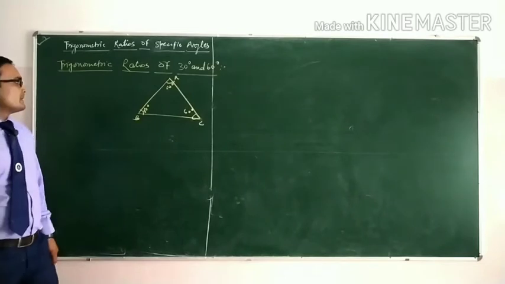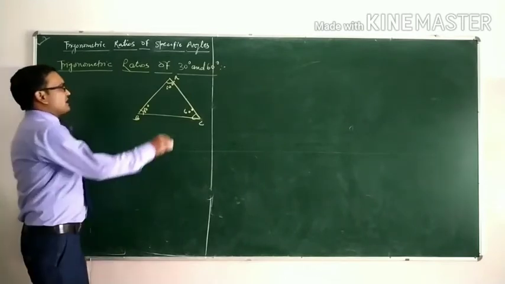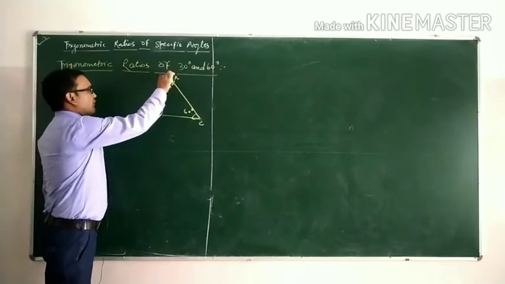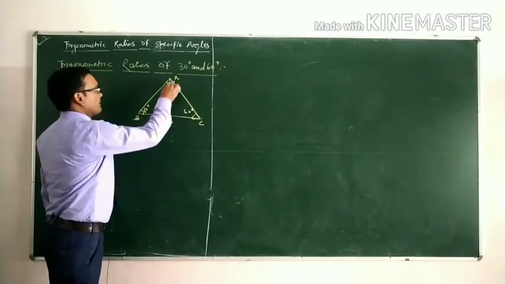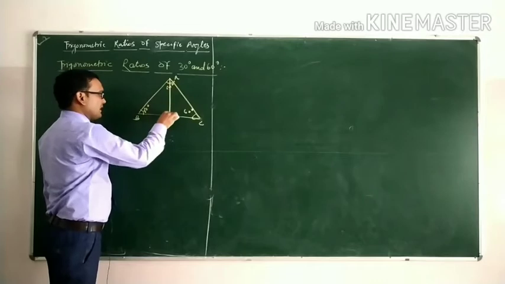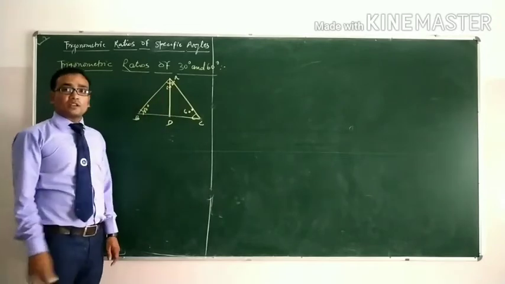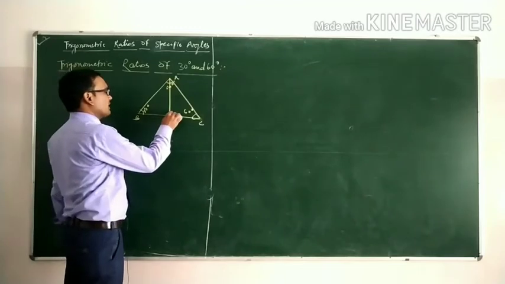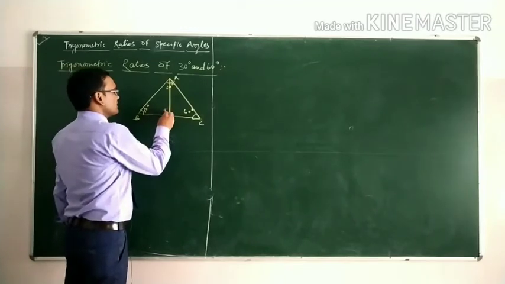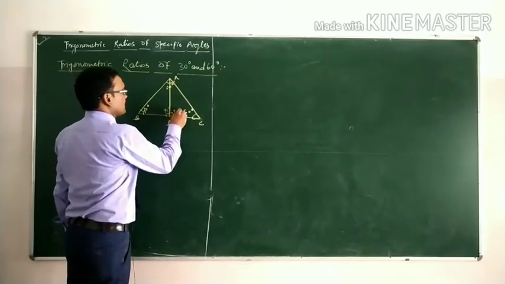Okay student, and we draw a perpendicular line from A to BC, which is known as AD. AD is perpendicular to BC. That means the angle is 90 degree.